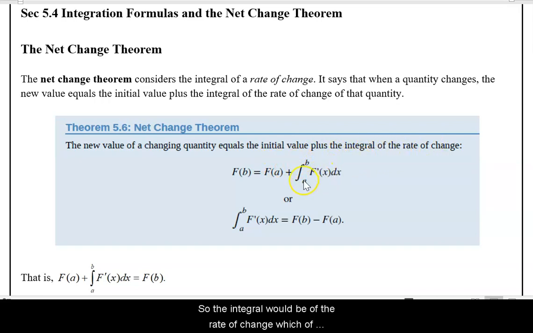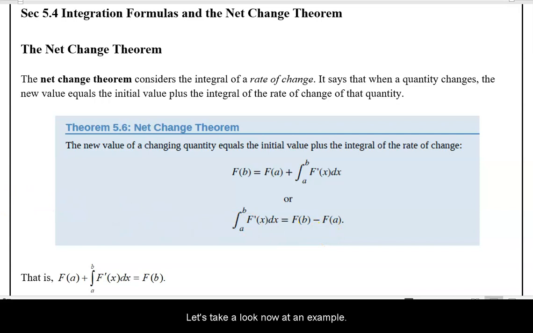So the integral would be of the rate of change, which of course is the derivative of that function. When you integrate, of course, you must take the antiderivative. Note that the F of b minus F of a is from the Fundamental Theorem of Calculus, Part 2, which is giving us this relationship right here.